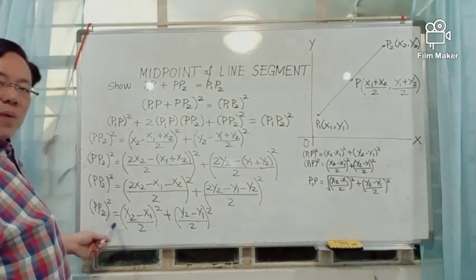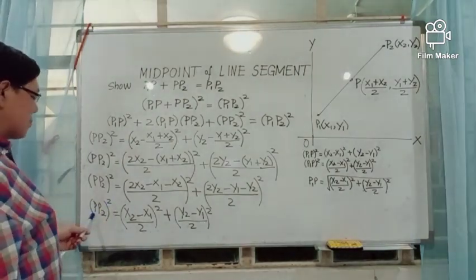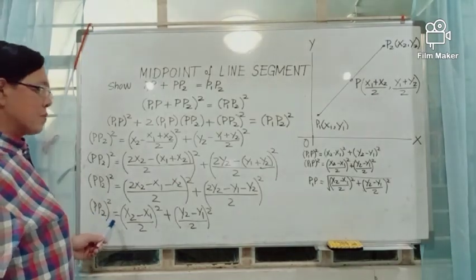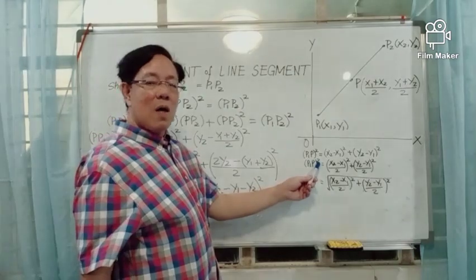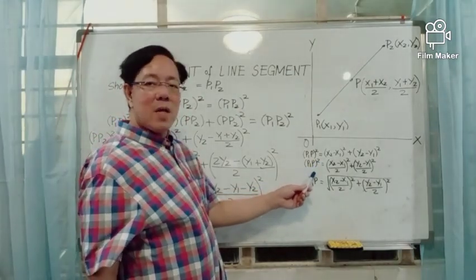So this is the value of the square of the distance between P and P2. You can see that it is the same as the square of the distance between P1 and P.